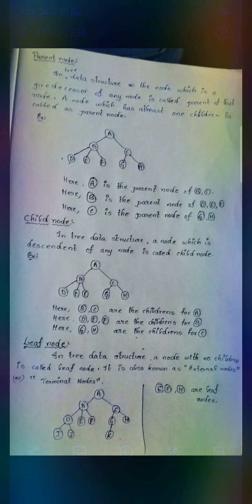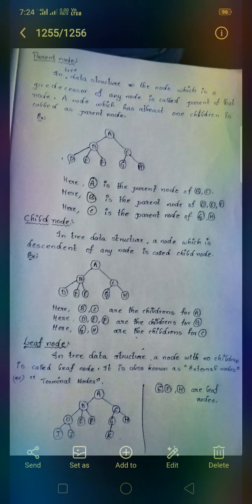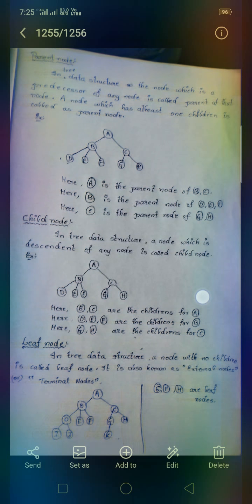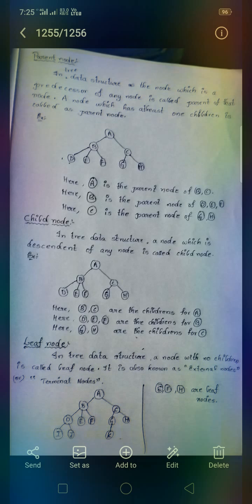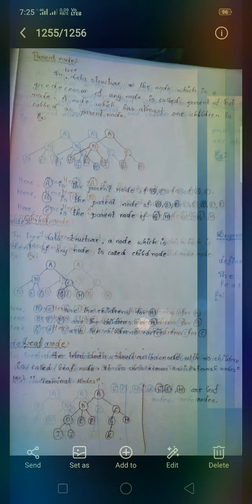C is also not a leaf node. D has children, so it is not a leaf node. And here I, J, E, F and K, H are the leaf nodes, because they don't have any children.